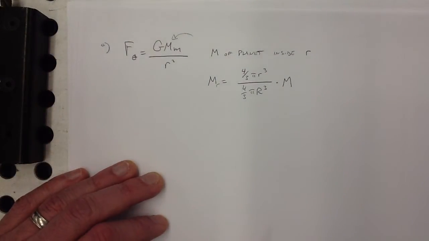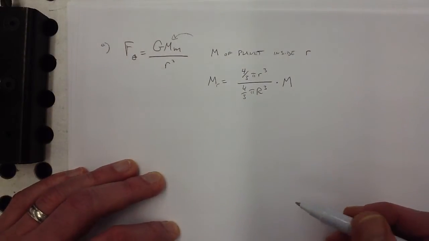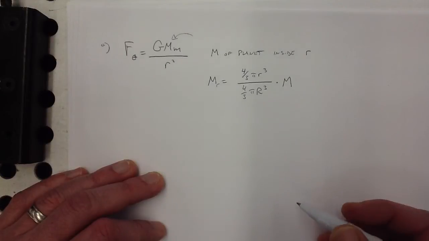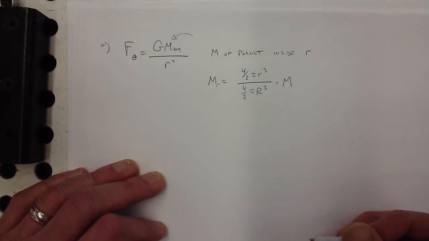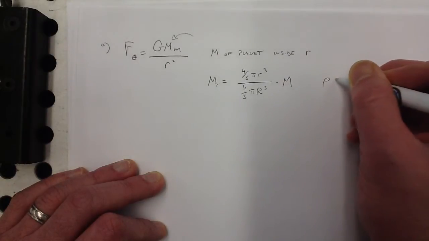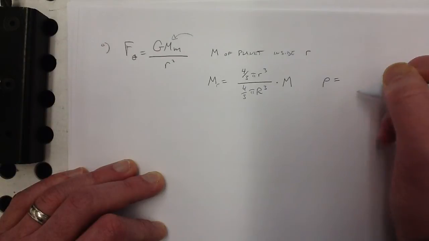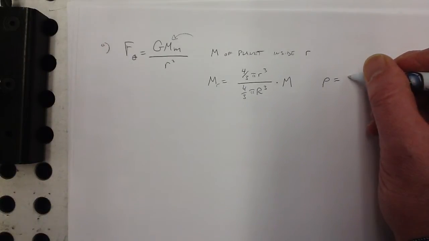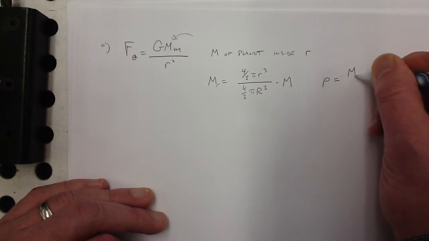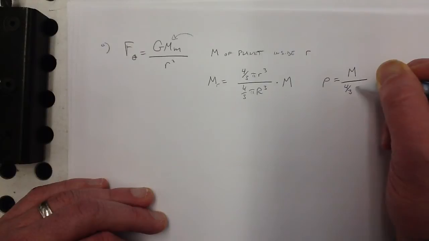Times that big M. Now notice that that big M doesn't show up anywhere in their calculation. So they want us to use the density. Now remember that density is a measure of mass per unit volume. So the density of the whole planet would be equal to M over 4/3 π R cubed, right?